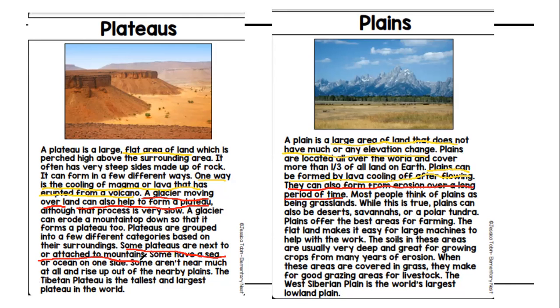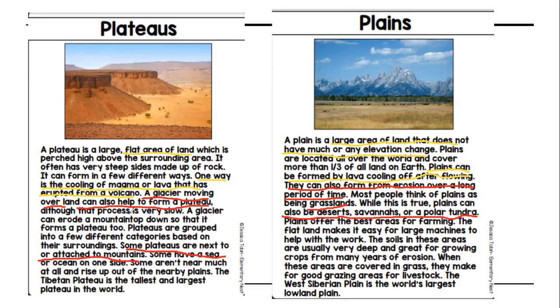Some have a sea or ocean on one side, whereas plains can be grasslands. They can also be deserts, savannas, or a polar tundra. That's a difference. They're located in different areas.